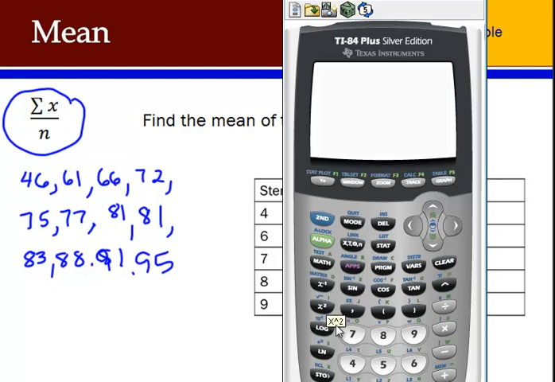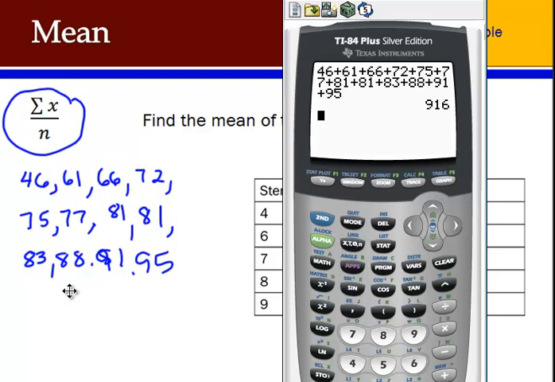So I'm just going to take my numbers. 46 plus 61 plus 66 plus 72 plus 75 plus 77 plus 81 plus 81 plus 83 plus 88 plus 91 plus 95.